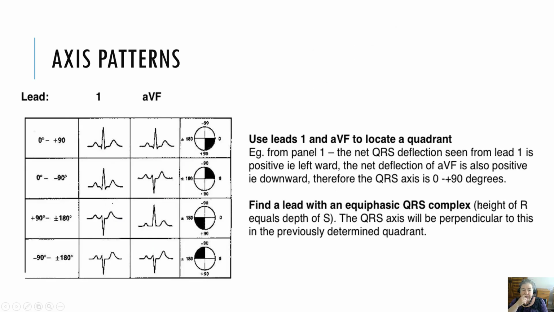You'll come back to this in EKG. But there are some tricks to figuring out what the axis is. And the main one is that if you look at lead 1 and lead AVF and they're both positive, then you know that the QRS axis is in this quadrant. And there are other patterns. If they're both negative, the QRS axis is in this direction.